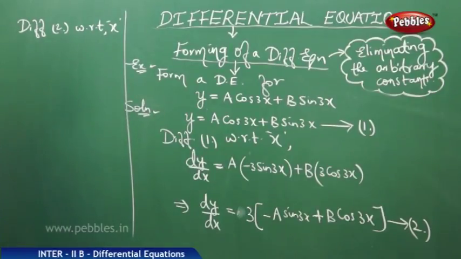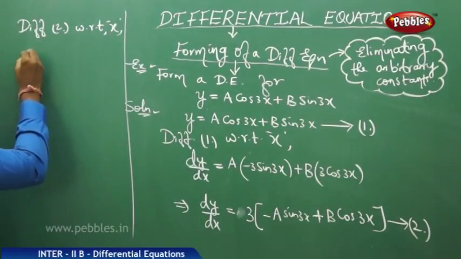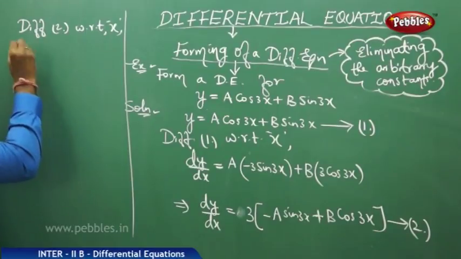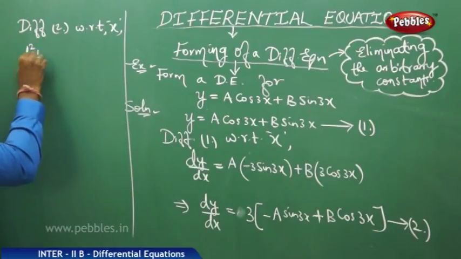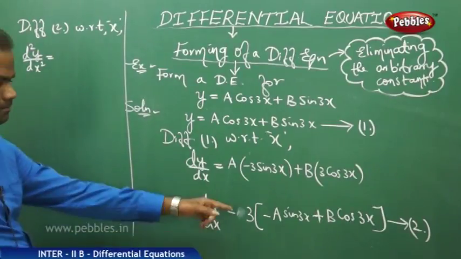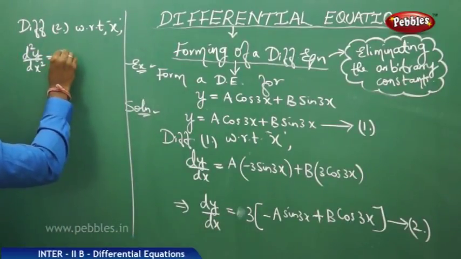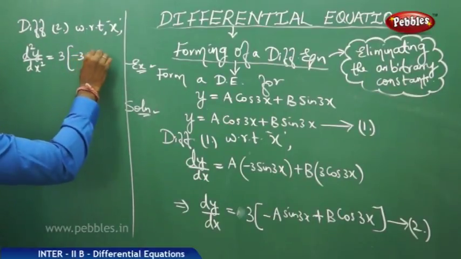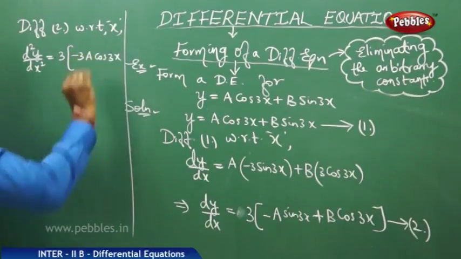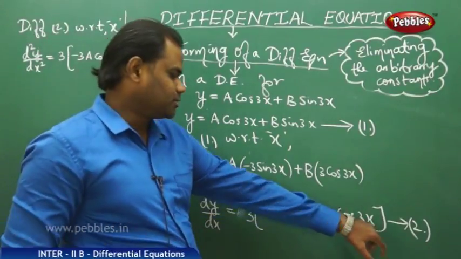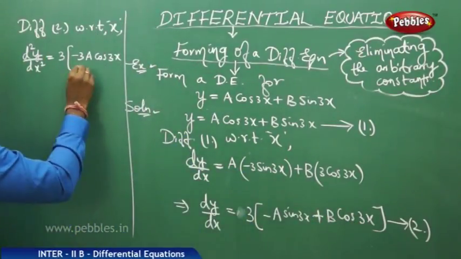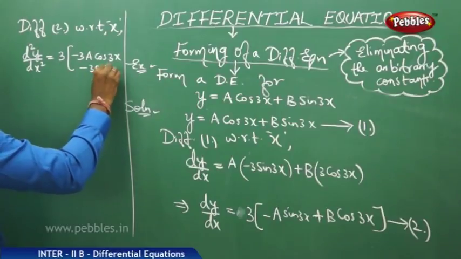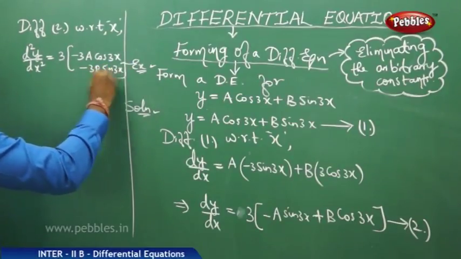Differentiating 2 with respect to x, we get d by dx of dy by dx, that is d squared y by dx squared, is 3 times of minus 3a cos 3x, and the chain rule gives me minus 3b sin 3x.